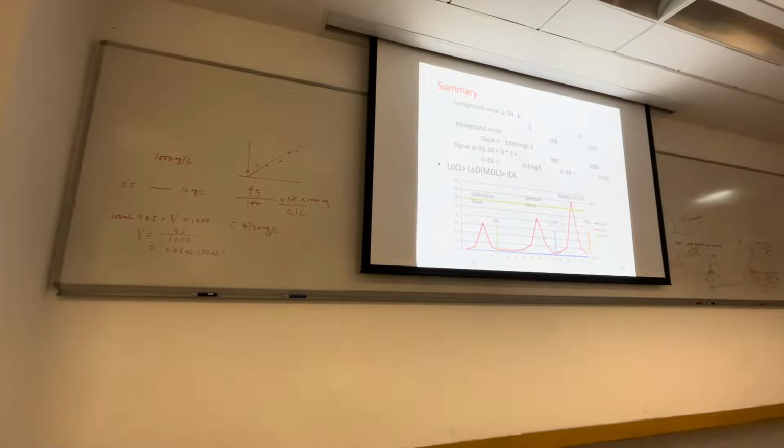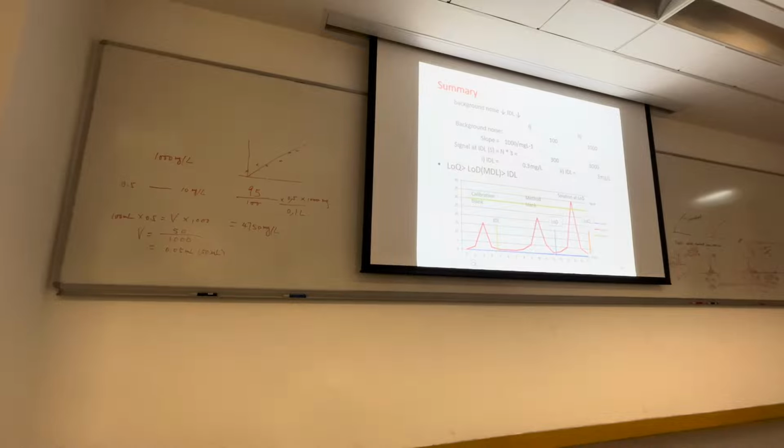So this is basically the same as on the backboard. So the calibration blank, so the IDL, this side: the signal of the method blank will always be larger than the calibration blank. And then the solution at the LOD, the signal and the concentration, once again, is always larger than that of the method blank.